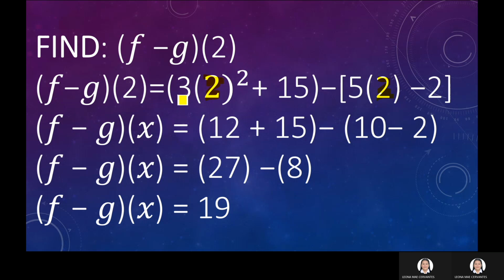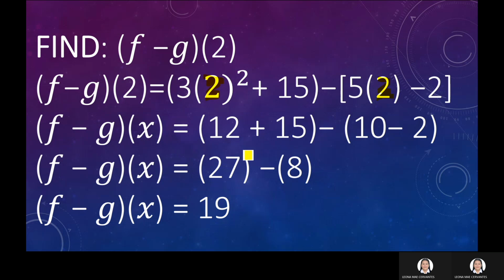So 3 times 2 squared is equal to 12. Next, plus 15 minus 5 times 2 is equal to 10. Then minus 2.